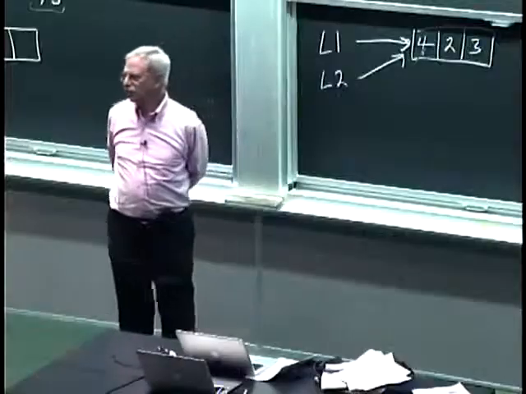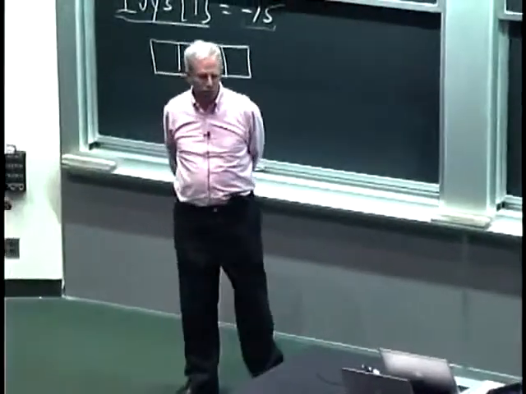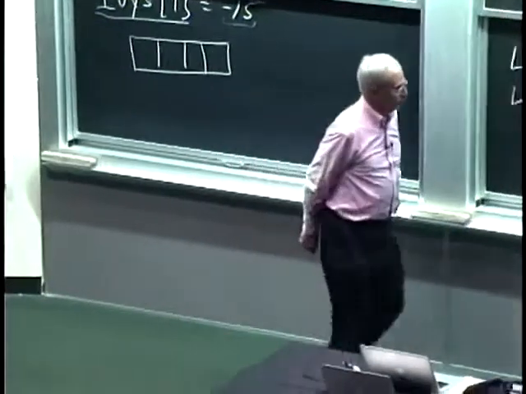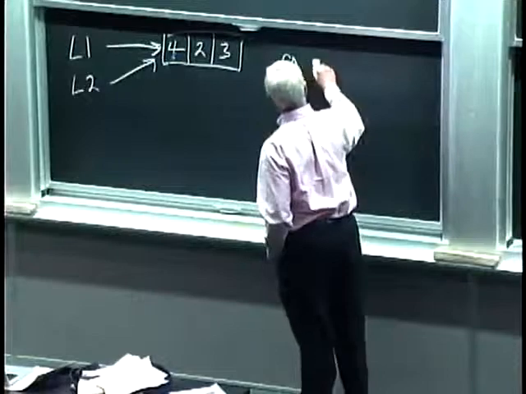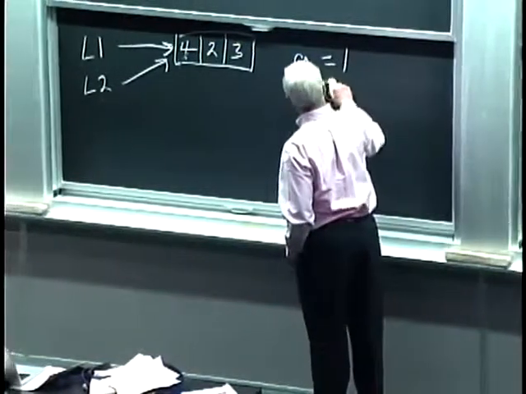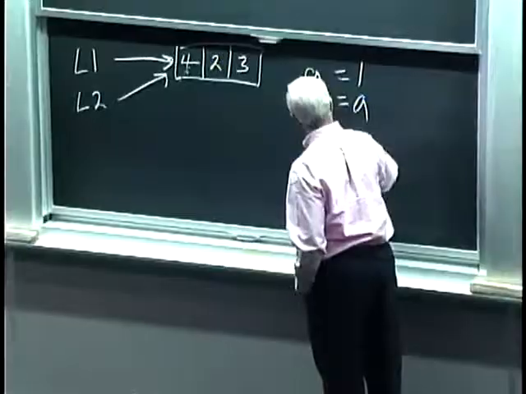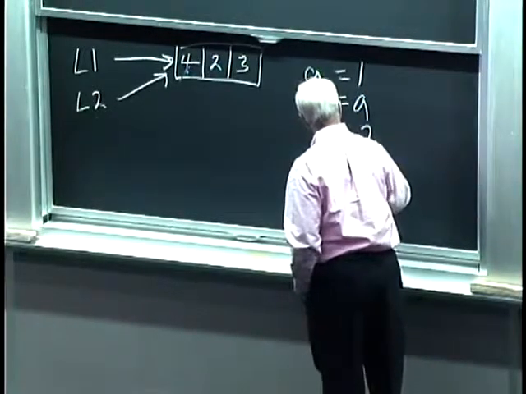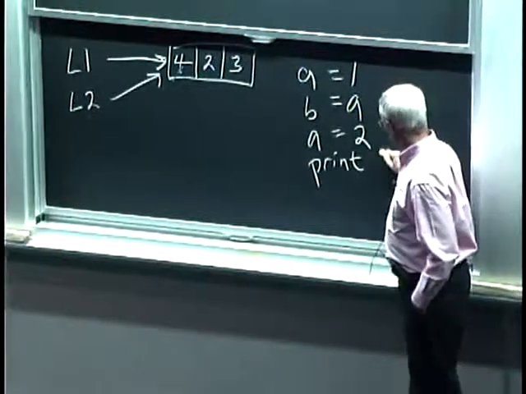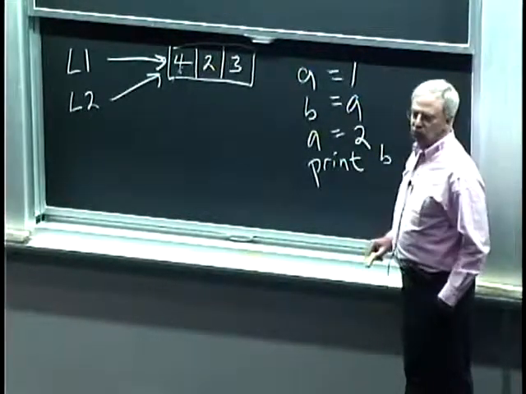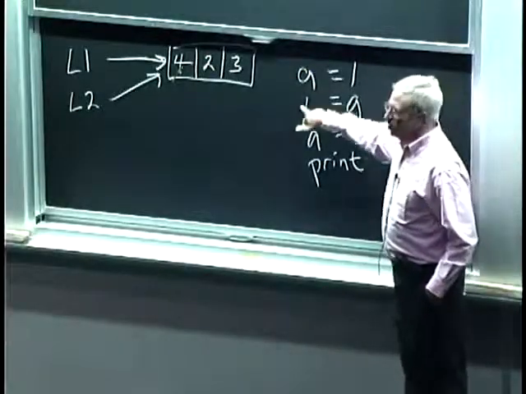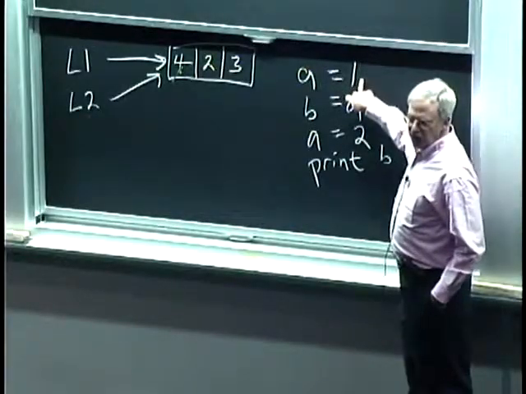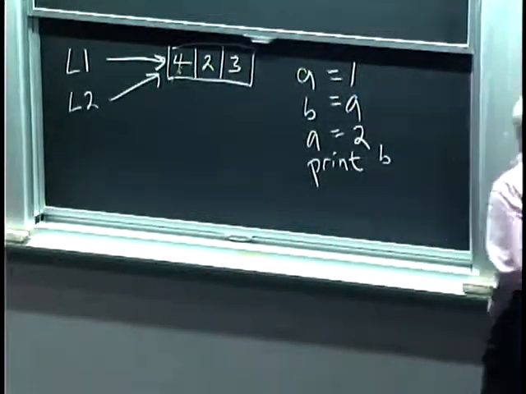So the question is, if A is assigned 1, B is assigned A, A is assigned 2, and then I print B, I'll get 1. Because these are not mutable, this is going to be assigned to an object in the store.